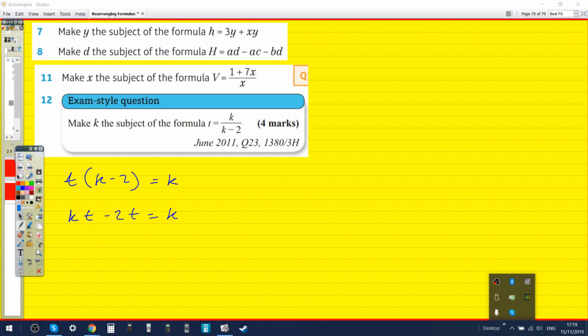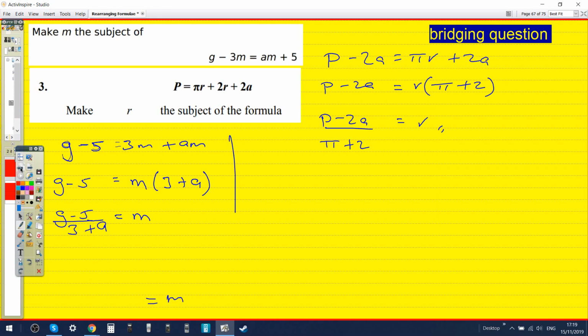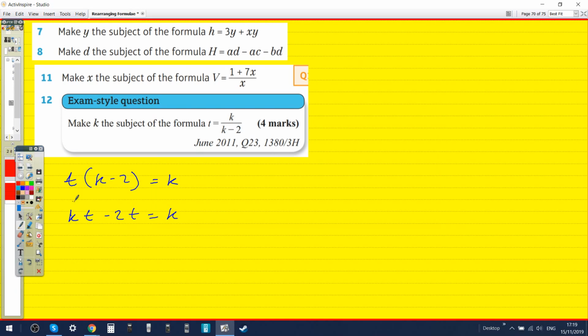So what we did before was we brought all those terms with the one that we wanted to make the subject onto one side, and then we factorized. So we want to make k the subject.